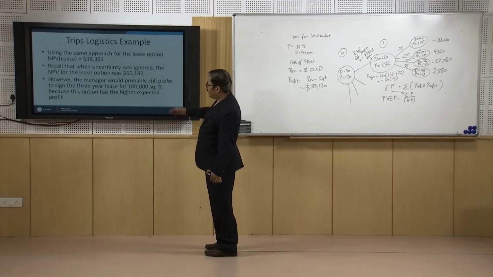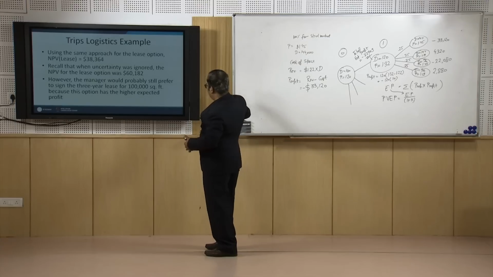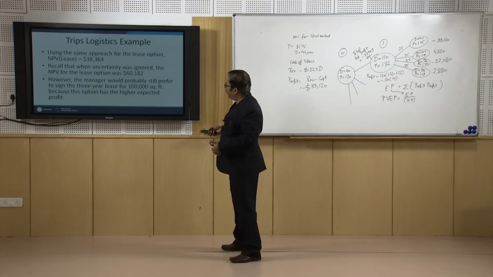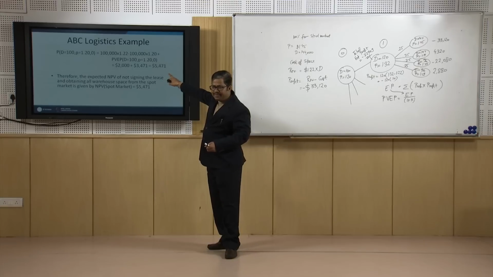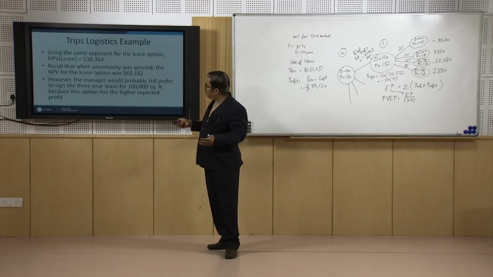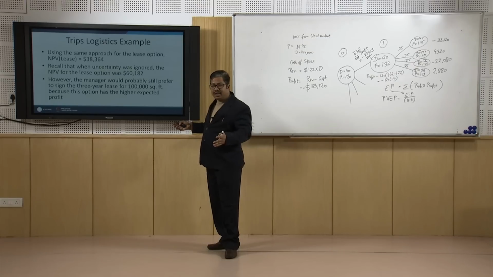But considering the earlier case when I am going for the spot market, my profit was coming just 5,471. So that is much less as compared to 38,364, which is much higher.